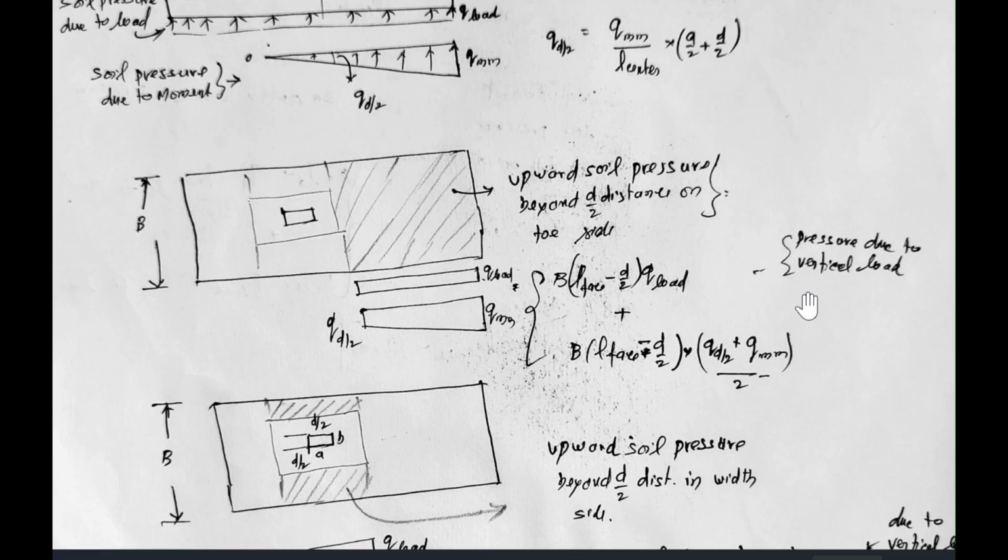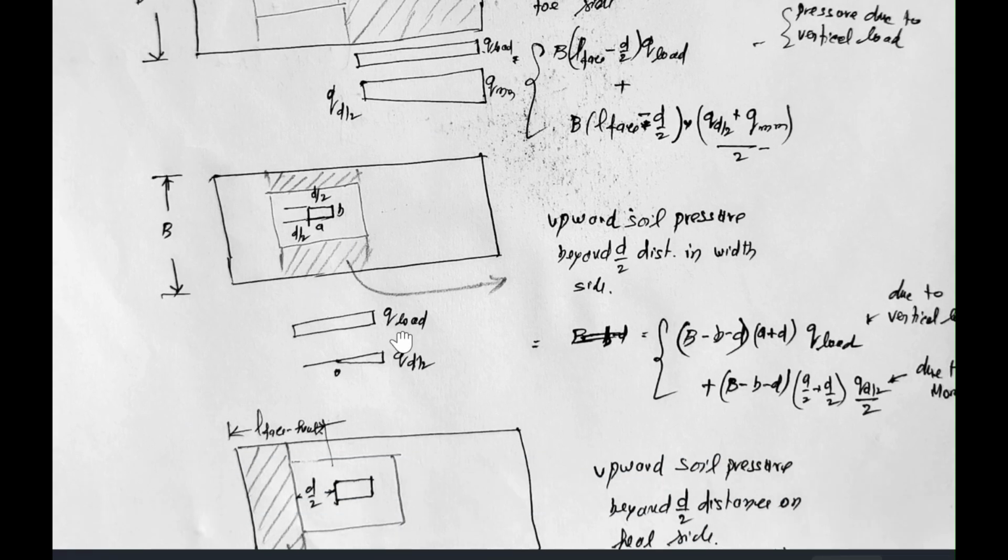Q load is the pressure due to vertical load only, plus this triangular, varying pressure due to moment: B into the same L face minus D by 2 into the pressure, where the average is Q at D by 2 plus Qm, divided by 2, into this area. Adding these together gives the upward soil pressure exerted on this portion, over this section.